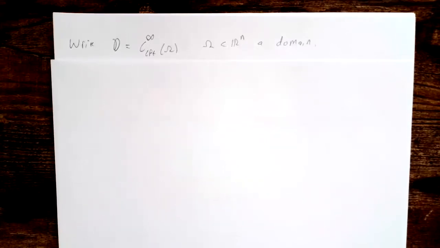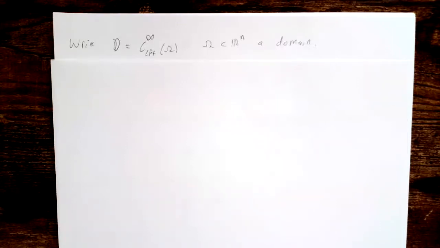And you look at C infinity compact support of omega. So these are all the functions defined on omega, such that all partial derivatives of all orders exist and are continuous, and such that the support of each function is compact.